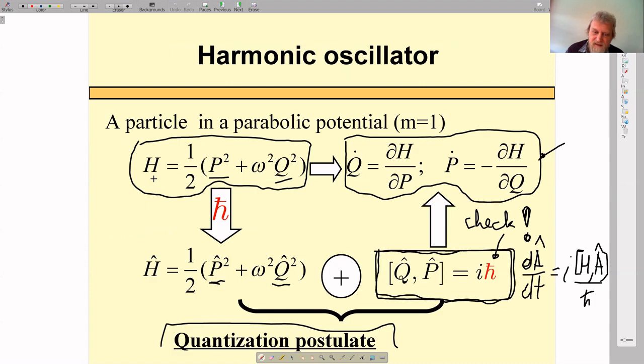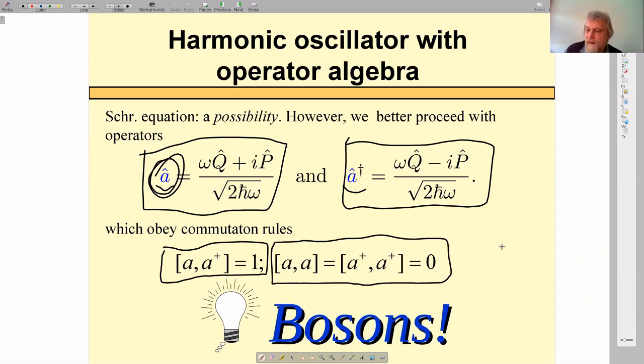What I said should not really be new for you, but let me repeat. It's a harmonic oscillator. We have quantized it, which means that we established the commutation relation between operators of coordinate and momentum. And we also made an appointment to treat the harmonic oscillator with operators. And now we can give them proper names.